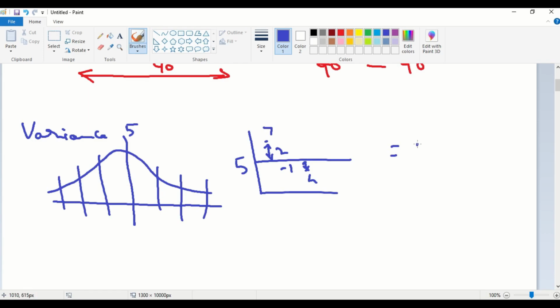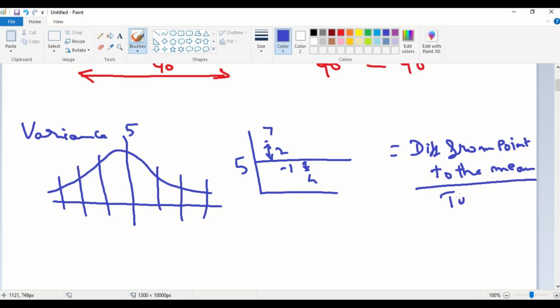So the difference from the points to the mean, divided by total sample size.